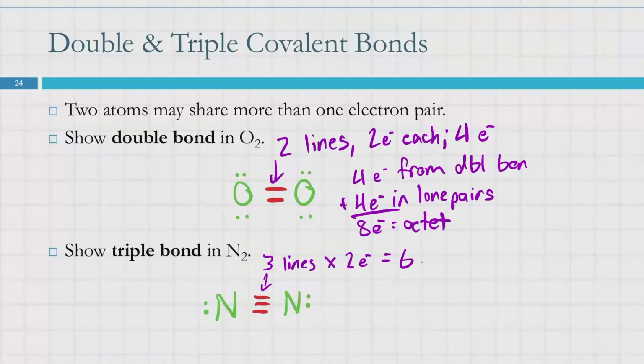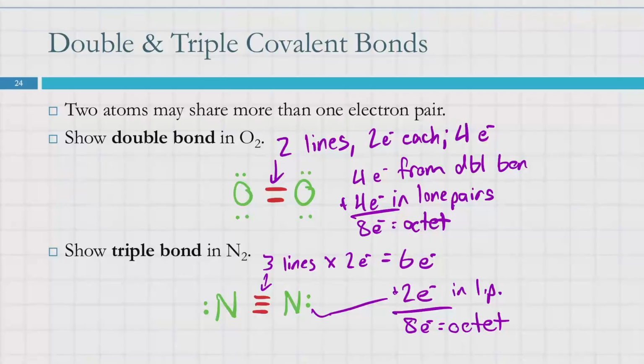Since we've got 3 lines and each line is 2 electrons, we've got 6 electrons, plus 2 electrons in the lone pair. We've got 8 electrons, so we've got octets, so they're happy, in quotation marks.